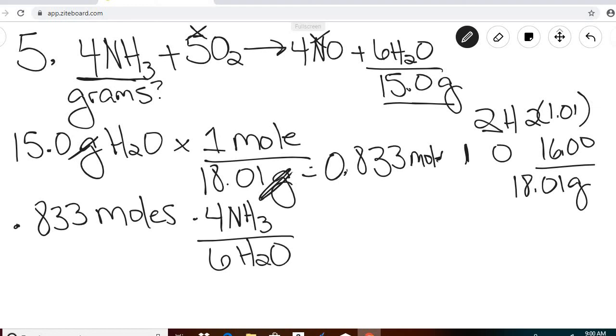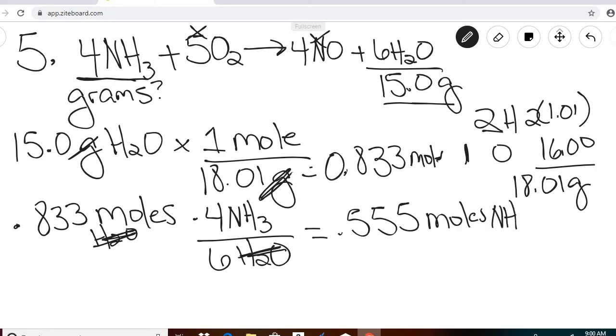So this is moles of water, so the waters are going to cancel. 0.833 times 4 divided by 6 will give us 0.555 moles of NH3.